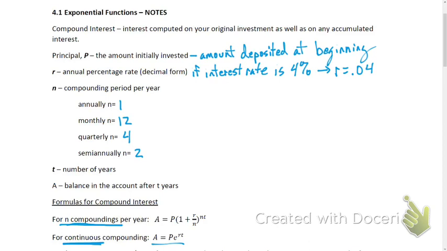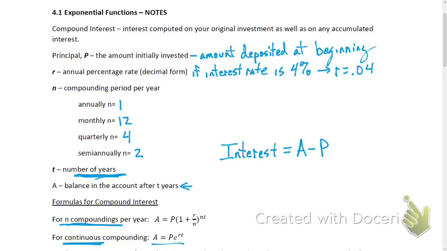So make sure you move that decimal. Otherwise, it's very straightforward. T needs to be years. A, this is usually the answer right there. If they ask how much interest was gained, that equals the final result minus the initial result.